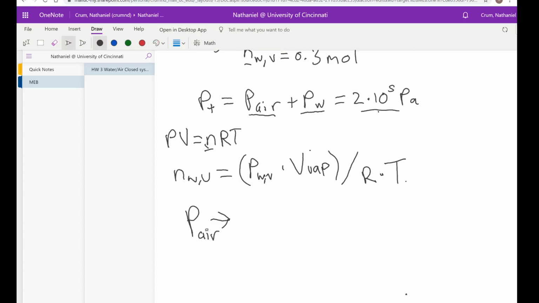Alright, we know our pressure of air and our pressure of water make up the total pressure.